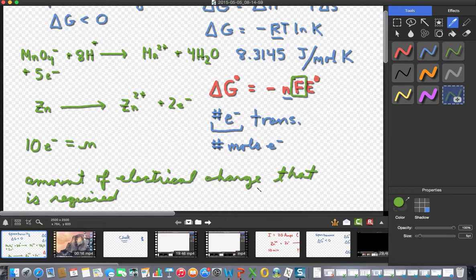So electrons would be a reactant, but it could also be applied to where electrons are a product during oxidation.